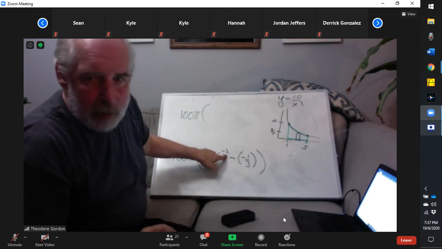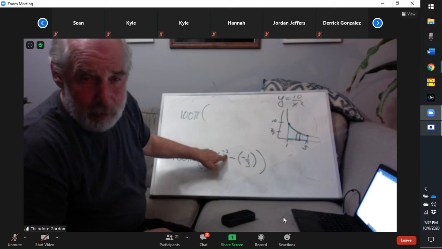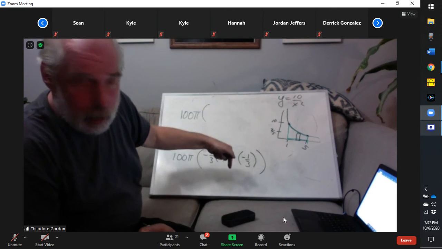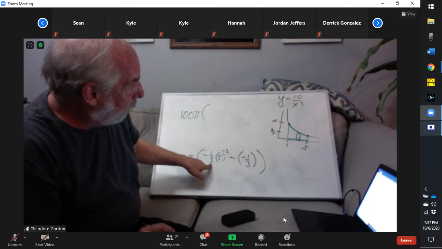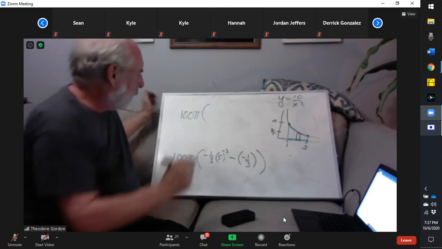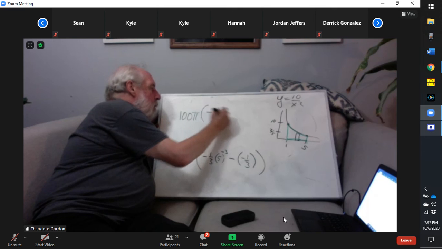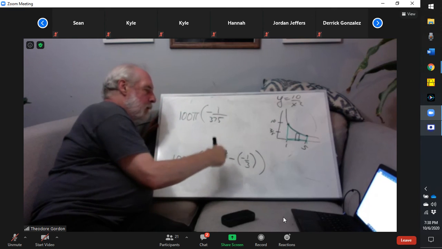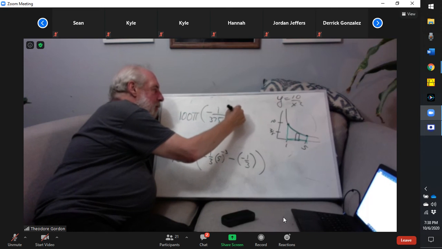5 to the third power is 125, but it's negative 3 power, so the 125 goes in the denominator, and there's already a 3 there, so that gives me negative 1 over 375, and minus is plus.